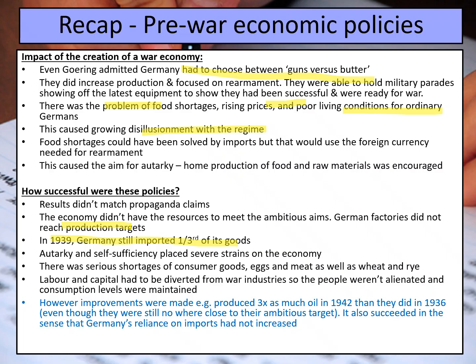So despite the fact that they had tried to improve their economy and certainly had achieved a substantial amount, for instance, they're producing 3 times as much oil in 1942, they still don't manage to achieve what they wanted in making Germany ready for war by 1940. And the economy is certainly not ready for war in 1939 when the war breaks out.